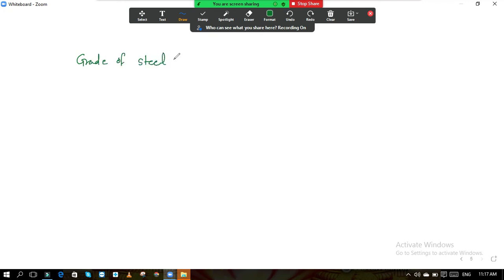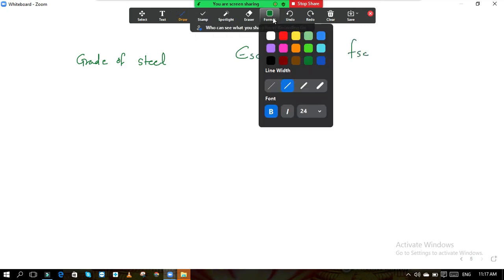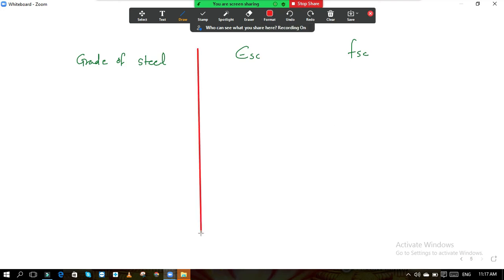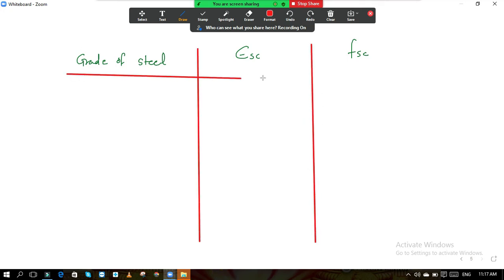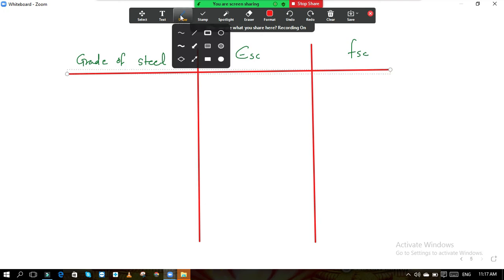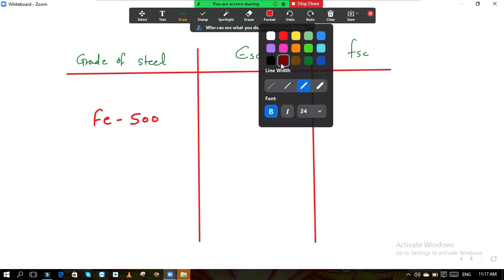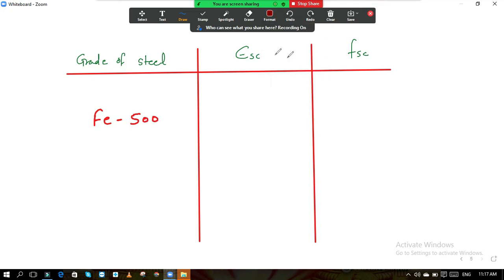This is your strain epsilon st, and this is your stress fst. Again we will do the same table, just now the grade of steel is changed. Now your grade of steel is Fe500.